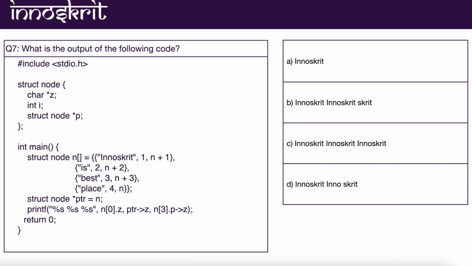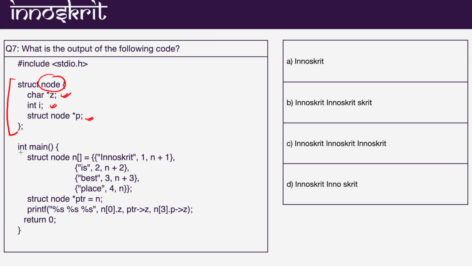Moving towards the next question. This is based on structures and pointers. We are given a structure which contains a string or character array, an integer value and a pointer to a node of type itself, a pointer of type node.